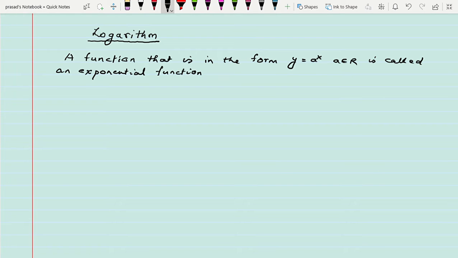For example, y is equal to 2 to power x. This is the exponential function.